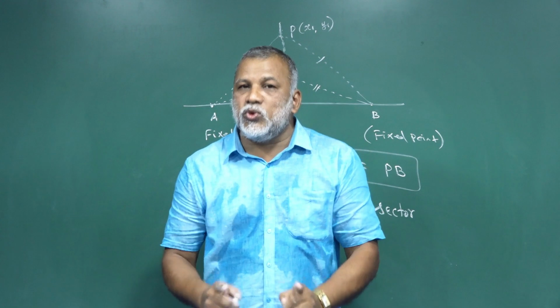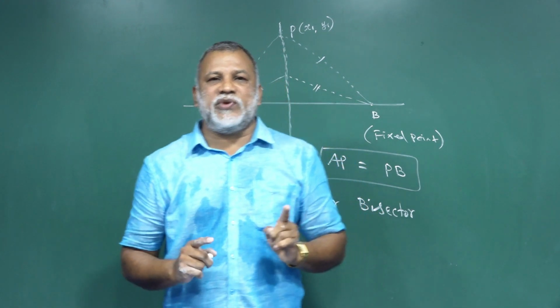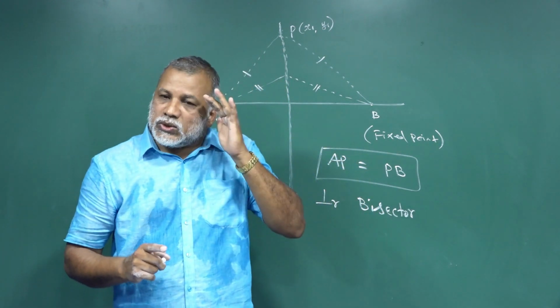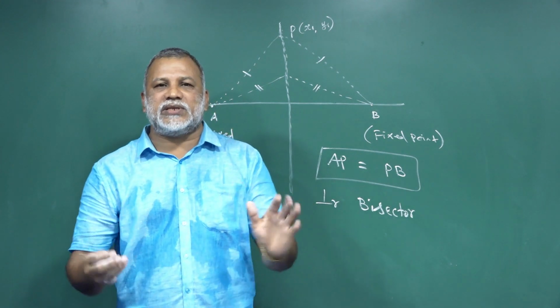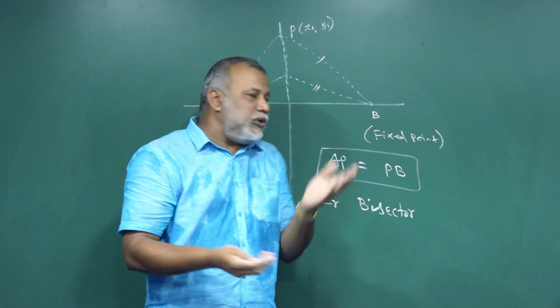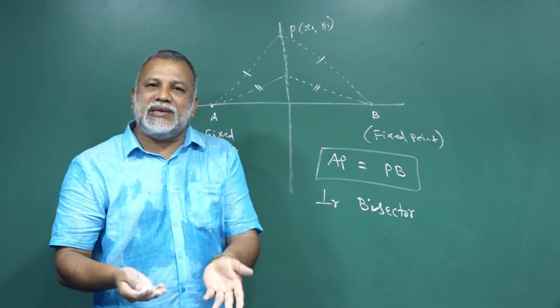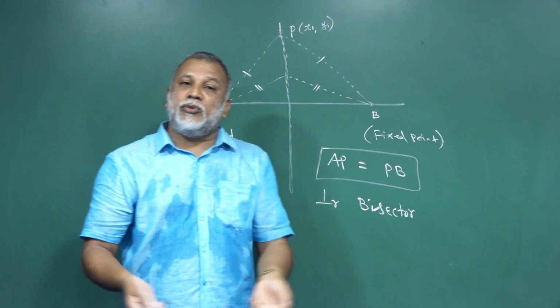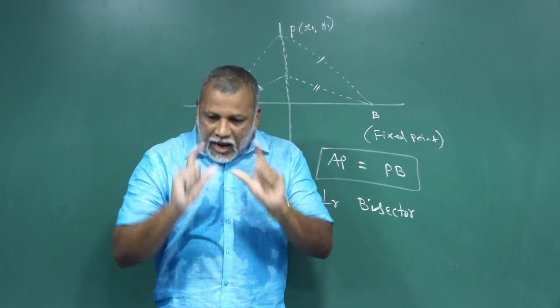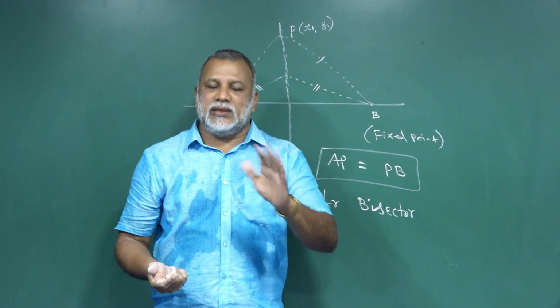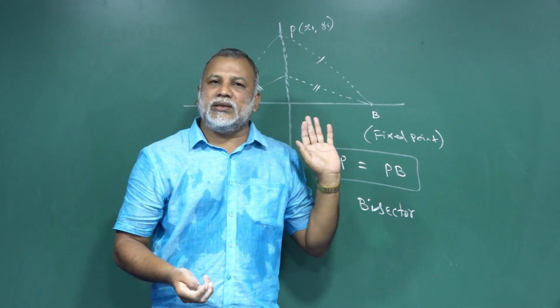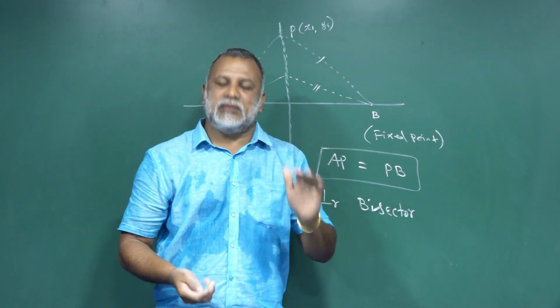How is the point moving? According to the specified geometrical condition. So listen to this definition and understand it clearly. This is the first introduction. After that we will see many problems based on this: how we create the equations by applying the conditions. We have to analyze what the conditions are.